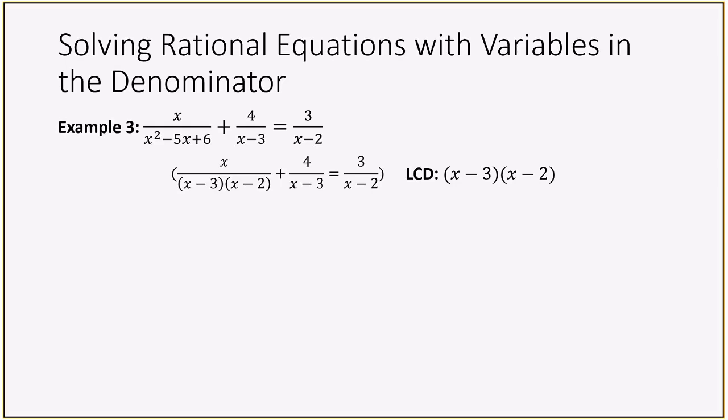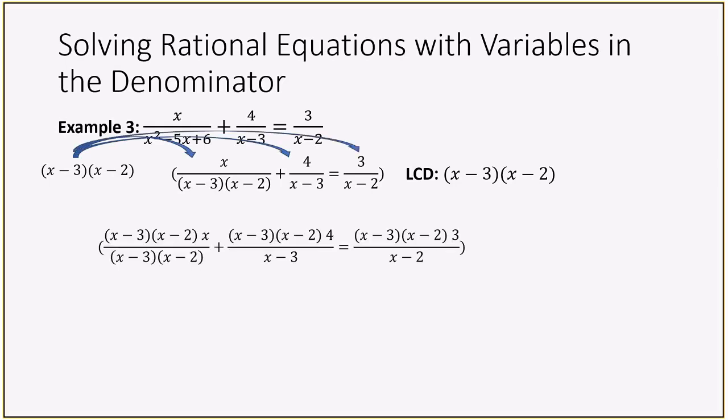But if you can combine everything and everything fits into that LCD, my x minus 3 is there, my x minus 2 is there, and then obviously my entire x minus 3, x minus 2 is there, that is going to be your LCD. Now I'm going to multiply all of my numerators by my LCD. And again, I'm not going to try and FOIL, I'm not going to try and distribute, I'm just really going to place them on the numerator, and then I'm going to go through and see how much I can cancel.